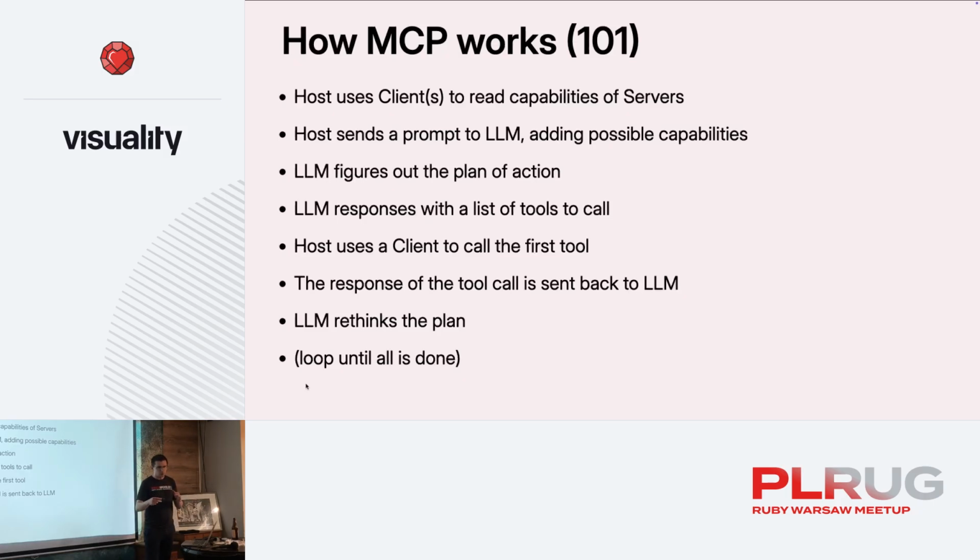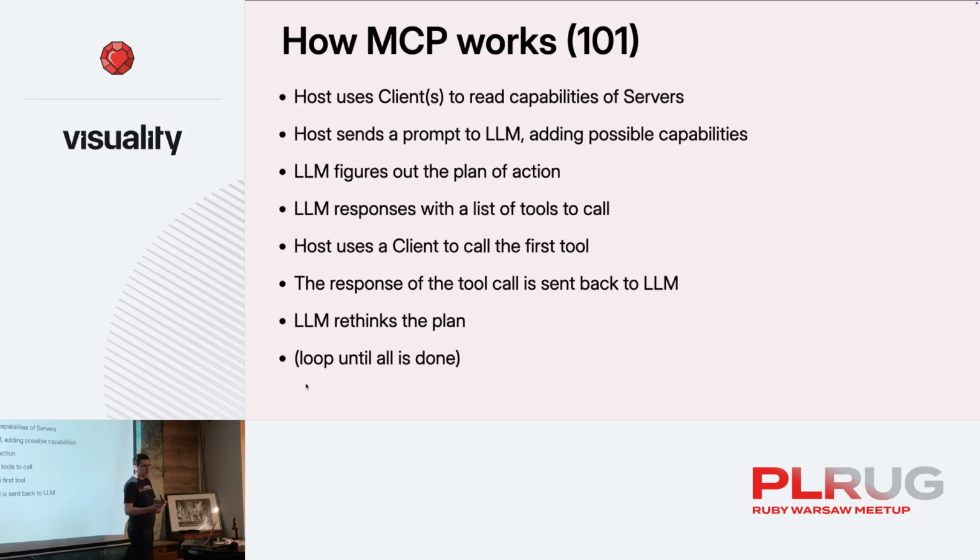So when you want to have your host application, imagine your Ruby on Rails application that has an API-like client, and you want to use MCP capabilities. First of all, your host, your application, uses the client to read all the capabilities from the server, for example all the tools that you can use.